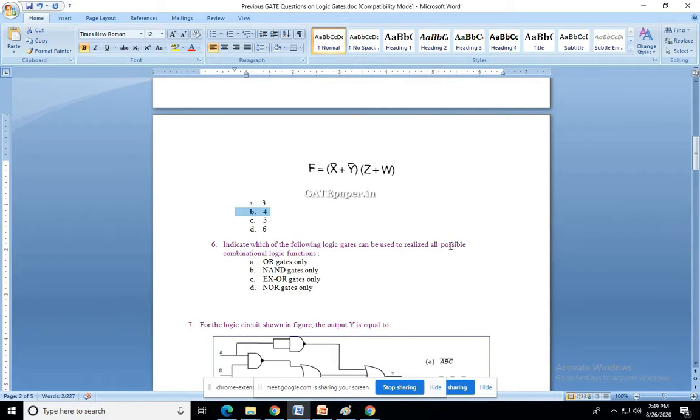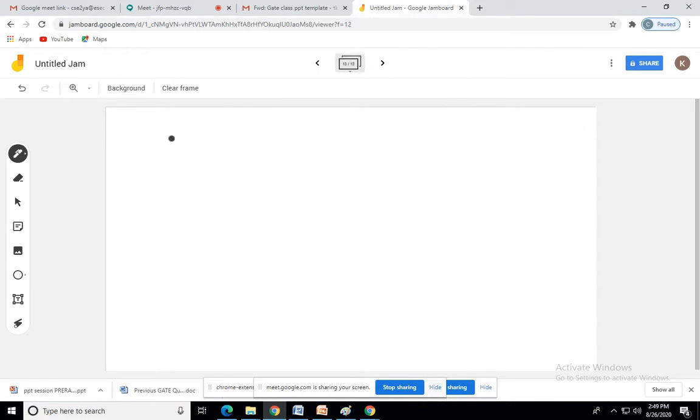All possible combinational logic functions means normally your circuit consists of AND, OR or NOT gates. You all know the basic gates: this is AND, this is OR, and this is the inverter, the NOT gate.